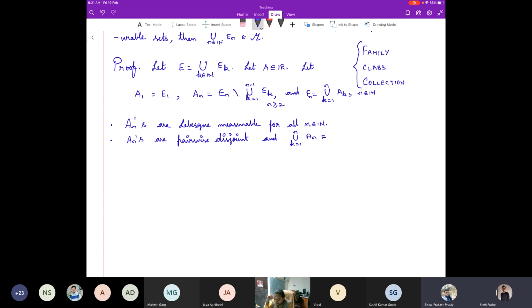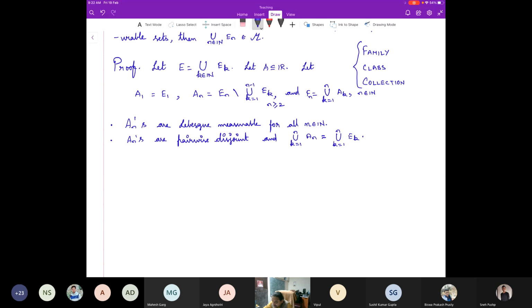Although we have called it Fn, something more in terms of Ek's: the union of Ek, k running from 1 to n. So what have we done? That is the whole point that you'll have to observe.